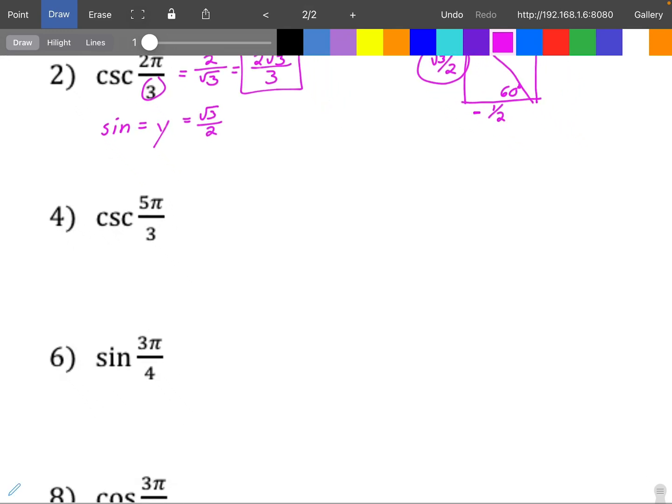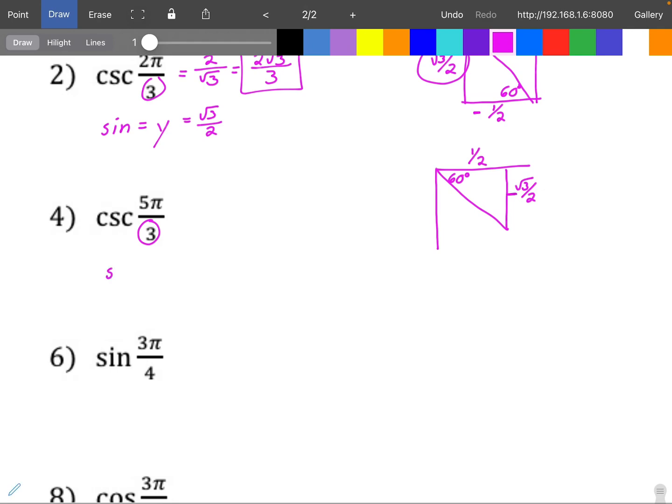Alrighty, number 4. 5 pi over 3 is in the fourth quadrant. And if we have something over 3, that means our reference angle is 60 degrees. Across from 60 degrees is square root of 3 over 2, which means the other side is 1/2. The fourth quadrant, x is positive, y is negative.